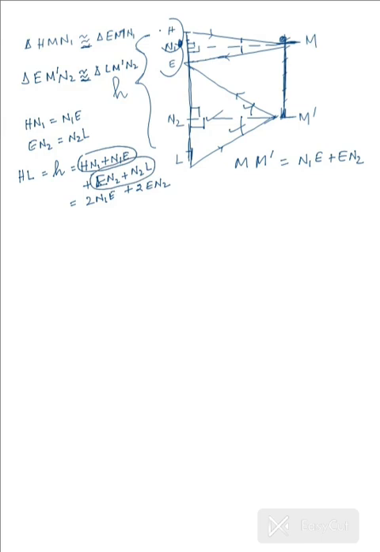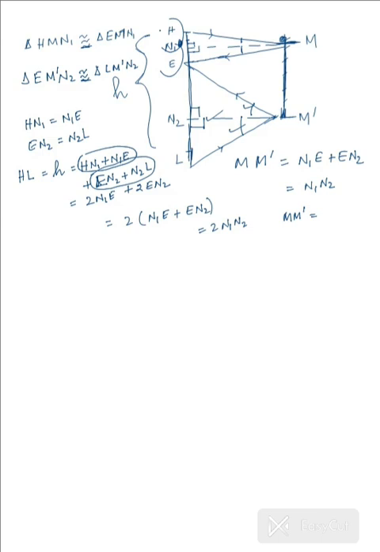And so what we have here is 2 times N1E plus EN2, that is equal to 2 times N1N2, and this is equal to N1N2 as well. So MM dash, the length of the mirror, is equal to N1N2.